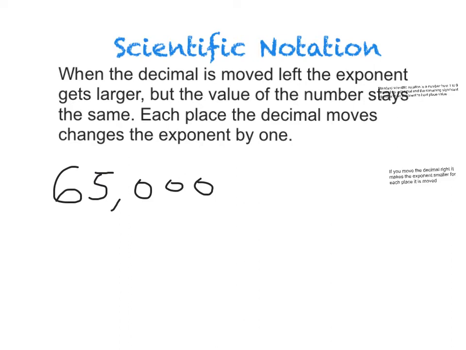So we need to move the decimal place from right here to make this a number between 1 and 9. So we're going to move it 1, 2, 3, 4 places to make this 6.5. The number of places that we move the decimal point is going to be equal to our exponent. So we would write this as 6.5 times 10 to the fourth.